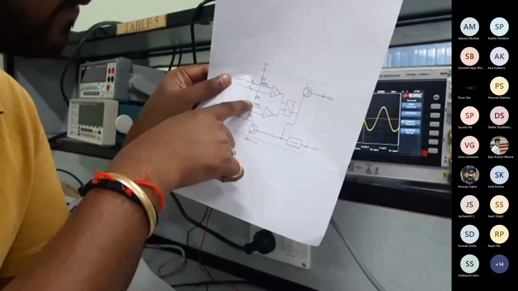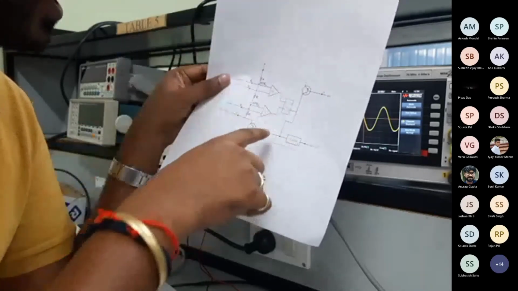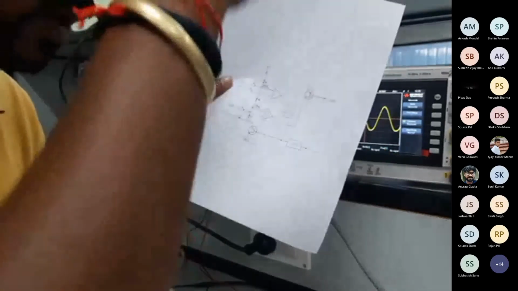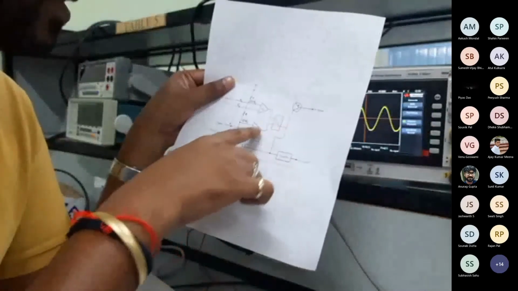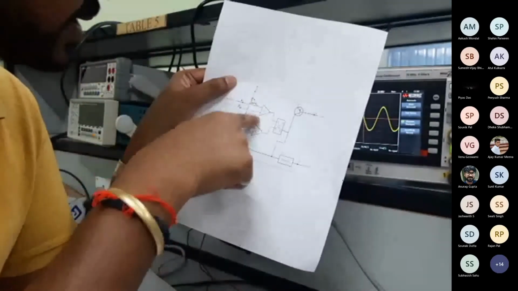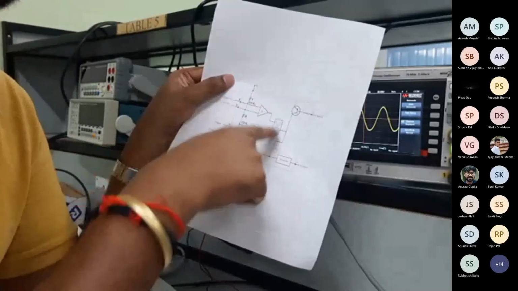Here is 1/3, here is 2/3, so the difference voltage will be 1/3, and that means it will be non-inverted. So R will always get a non-inverted output, I mean high plus VCC, not this VCC, but the VCC of the operational amplifier.